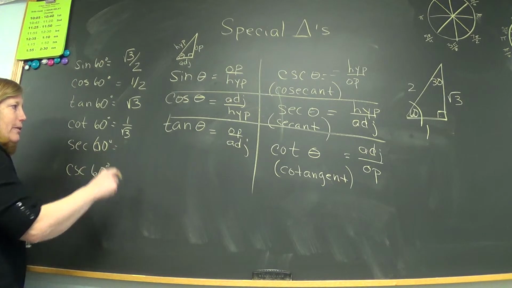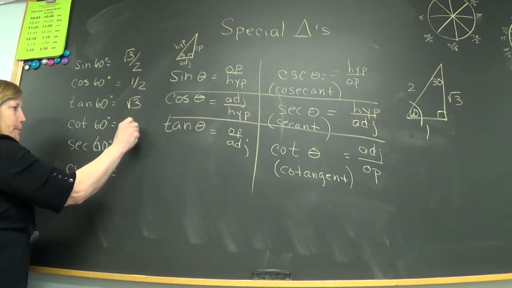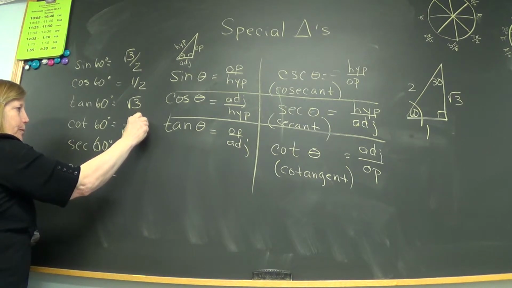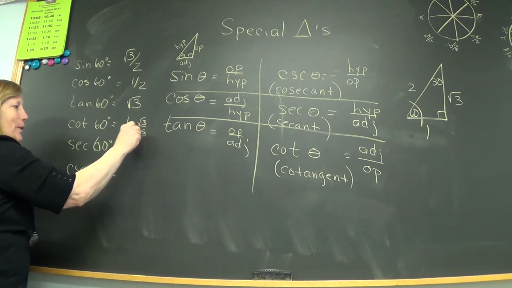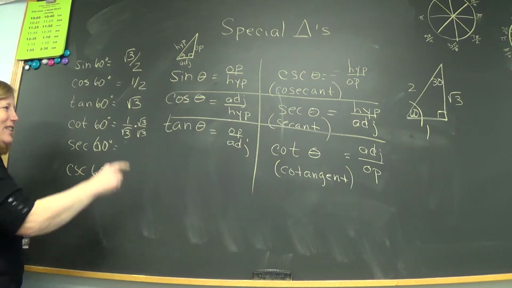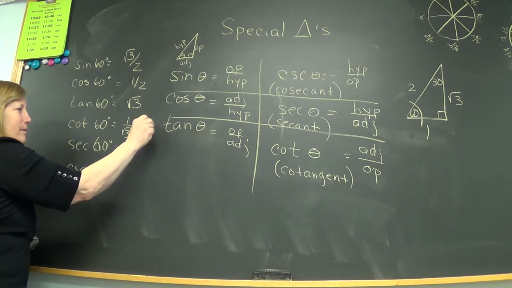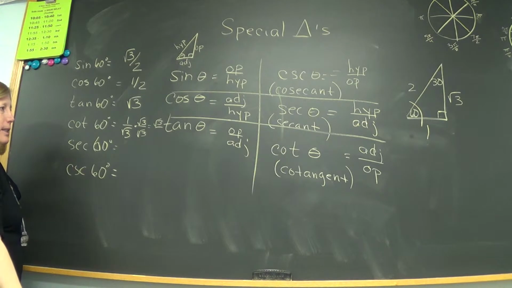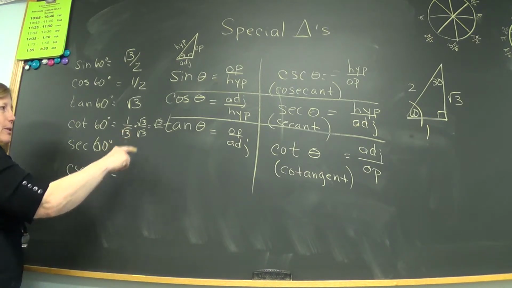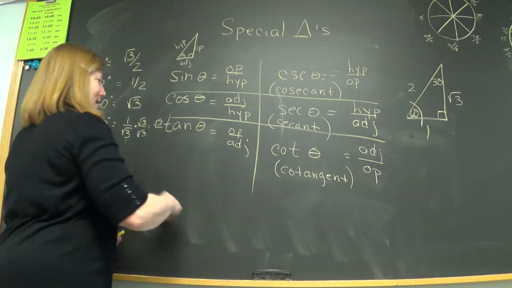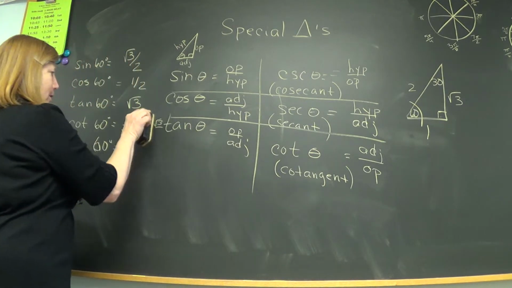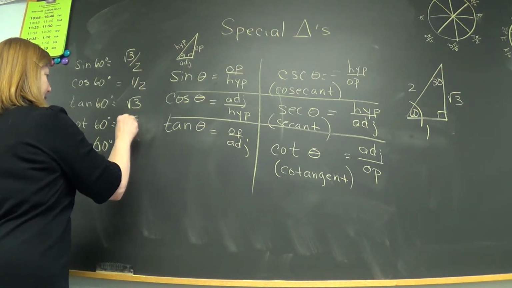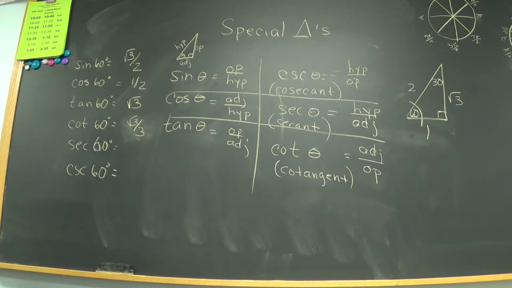How do you get the square root out of the bottom? Multiply by square root of 3 over square root of 3. And what does that give us on the top? 1 times the square root of 3, and that's just square root of 3. And on the bottom? Square root of 3 times square root of 3 is just plain 3. That's why we chose square root of 3 over square root of 3. So without writing that out, I'll just write the answer.